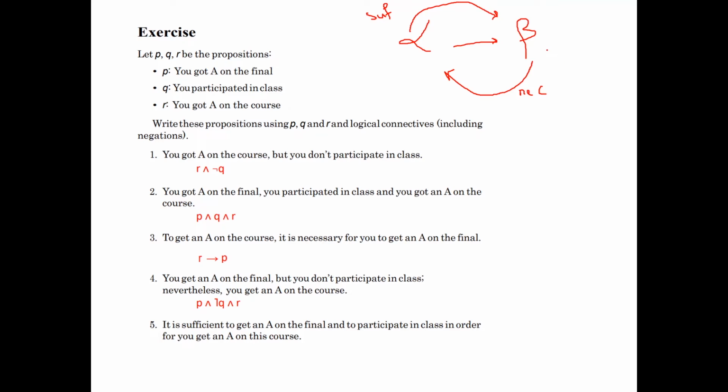Well, let's say beta is false, then there's no way that alpha could be true. If alpha is true and beta is false, then the whole formula becomes false. Remember the truth table? This is the only place where alpha implies beta is false. So beta is necessary for alpha. Alpha can't be true if beta is false.